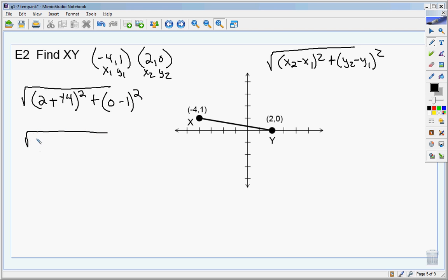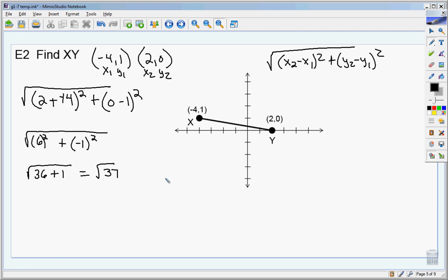I now have 6 squared plus the -1 squared. What is 6 squared? 36. And -1 squared is? 1. This is the square root of 37.